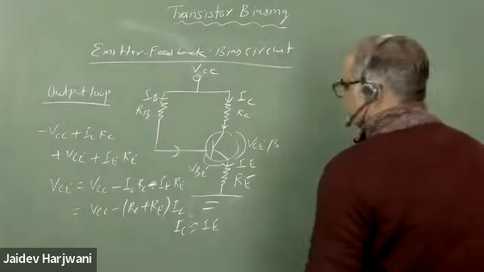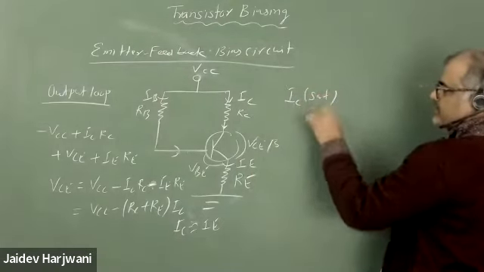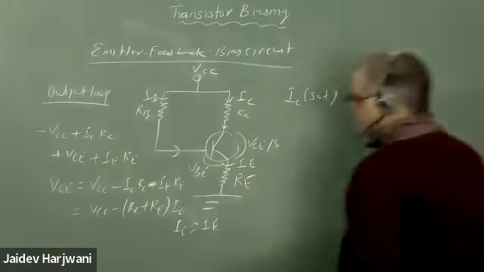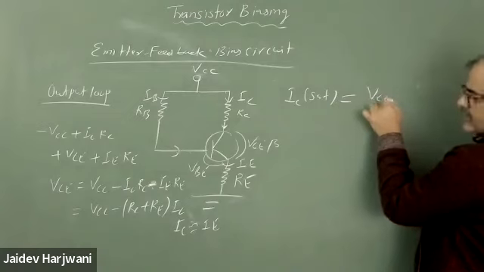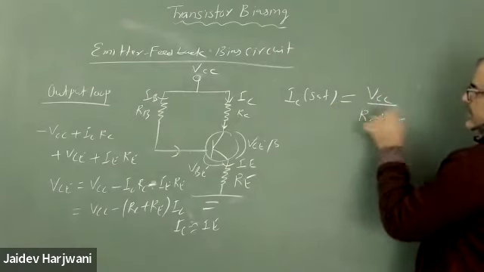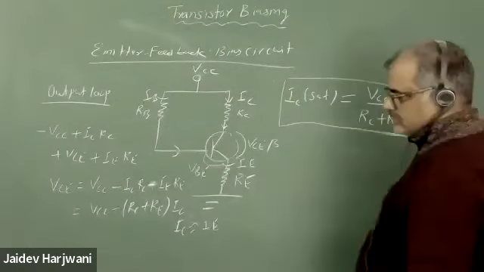And in this particular question, for IC saturation you again take VCE as 0, so this time the formula of IC saturation will be VCC upon RC plus RE.